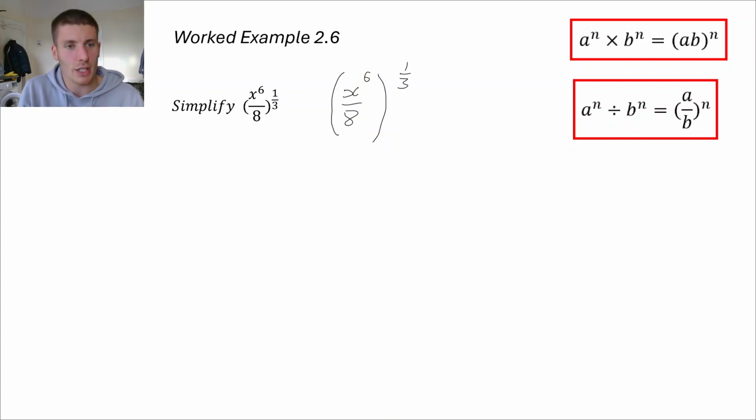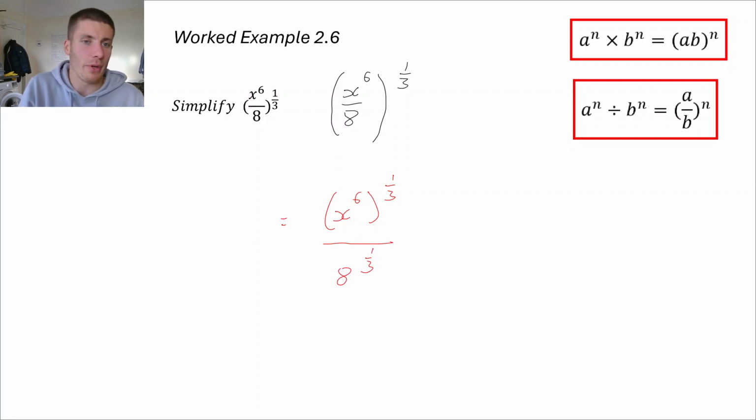I'm applying the power to each part of the fraction. So we're doing x to the power of 6, and that's being put to the power of 1 over 3, and then we are putting that over 8 to the power of 1 over 3. So all I've done there is I put the power to my numerator part, the power to my denominator part.